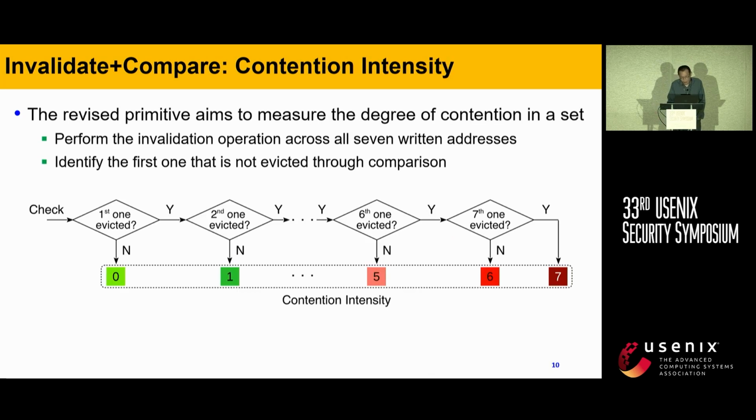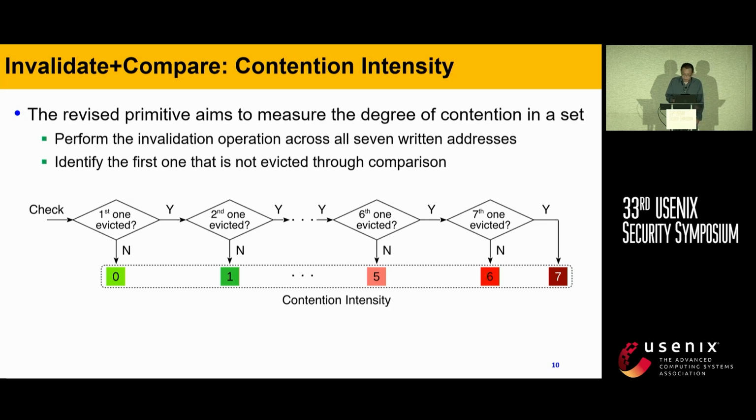Another challenge arises because during a time slice, a large number of GPU cache sets may be accessed. As a result, just deducing if a GPU cache set is accessed or not may not suffice. To address this problem, we propose a revision. Instead of just checking whether a cache set is accessed or not, we measure the degree of contention in a cache set.